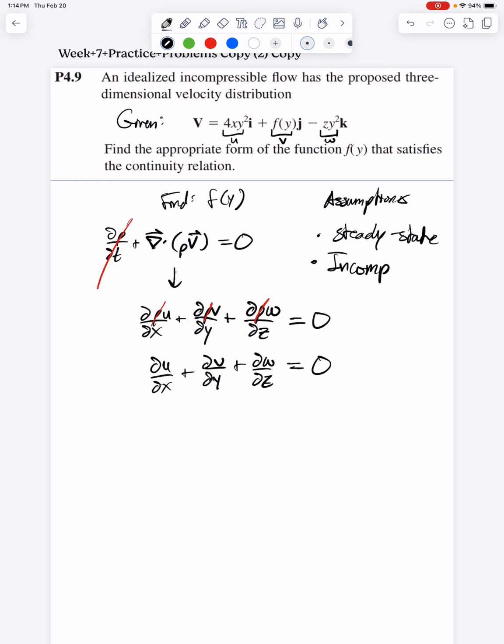Once again, quickly stating, before I cancel out the rho term, what I would see is density, in kilograms per cubic meter, multiplied by the spatial derivative of velocity. This spatial derivative cancels out the meters.